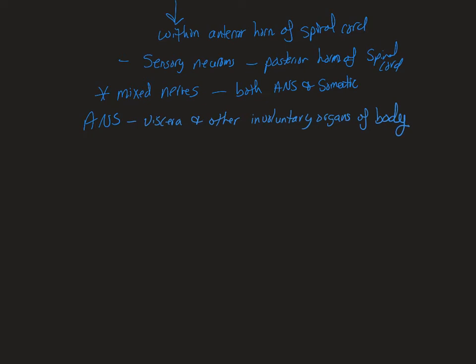So it'll be both visceral effectors, visceral reflexes. Examples would be anything that has smooth muscle in it, that's going to be autonomic. All of your glands are going to be autonomic. The heart, which is cardiac muscle, is also going to be autonomic. All right, so those are some examples of structures.